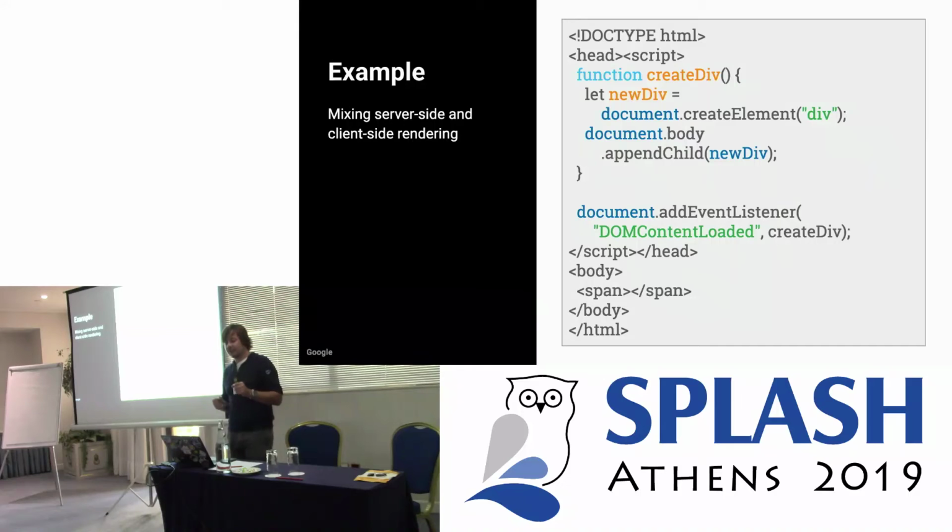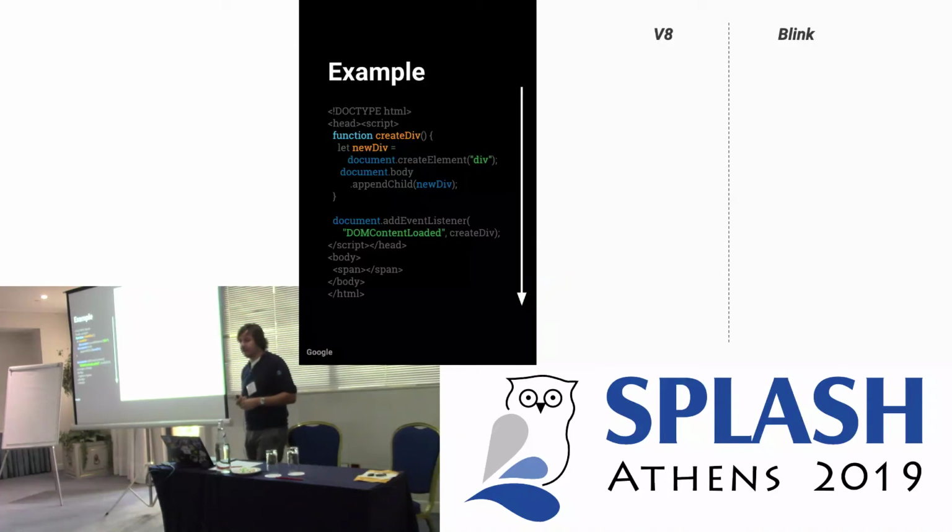What we're mixing here is server-side and client-side rendering. This means that some things are rendered on the server, meaning that the server actually provides a response with DOM elements already. And some things are rendered on the client, meaning that we create things on the client dynamically. So let's walk through this and see what happens to the object graph. Then things become pretty clear.